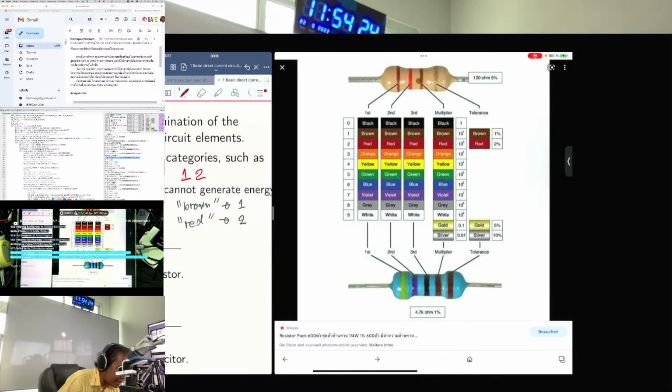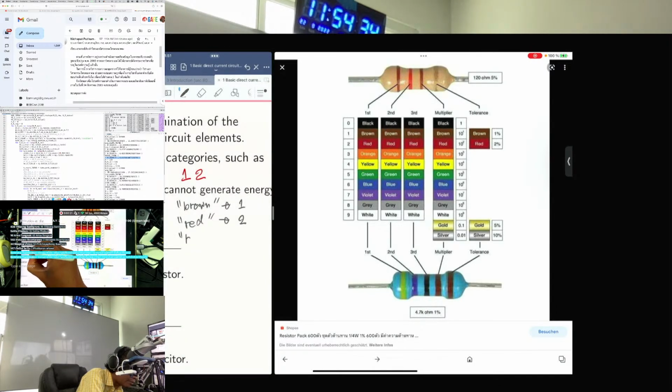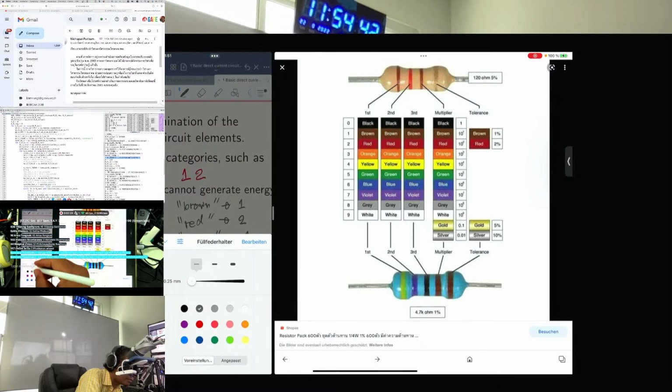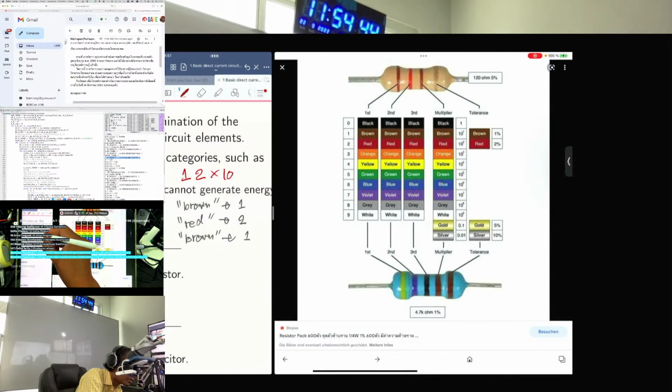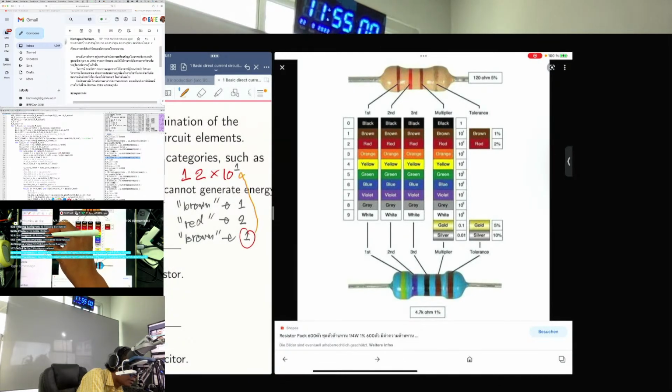In the third band, we have something like brown again, right? So brown will give you again number one. It's going to be one, and it means here times 10 to the power of one.